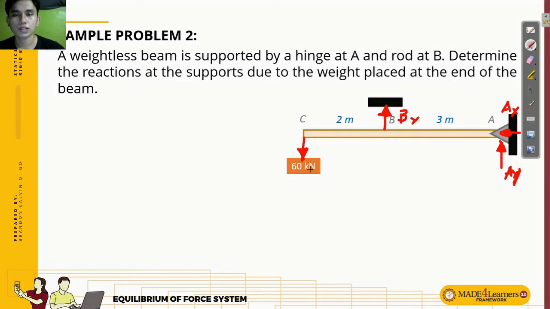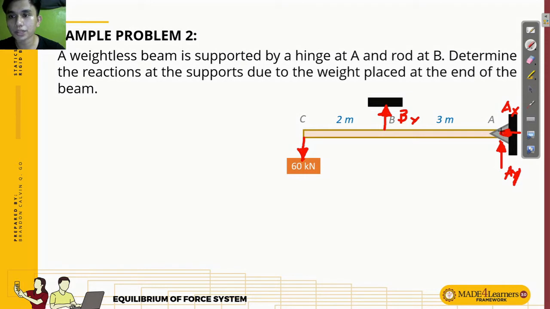Okay. So, using the equilibrium equations for a general force system, in this case, class, if we use the summation of forces vertical, there are two unknowns, so we cannot solve it directly. So, it is much better if we use first the summation of moment at any point. It is better to assign a point for the moment such that one of the reactions is removed. So it is either B or A for the moment. It is better to assign the moment at the end points of the structure.